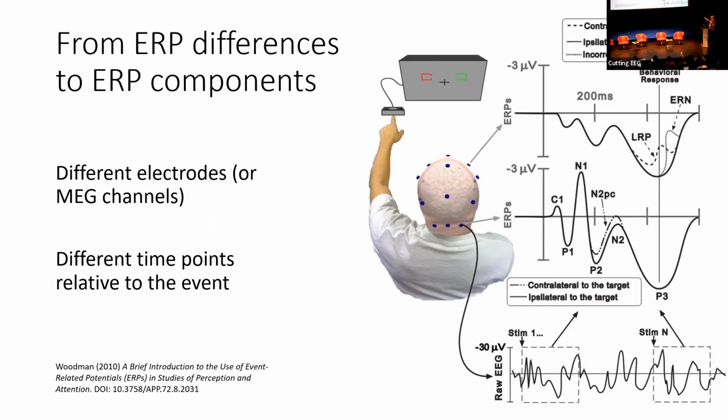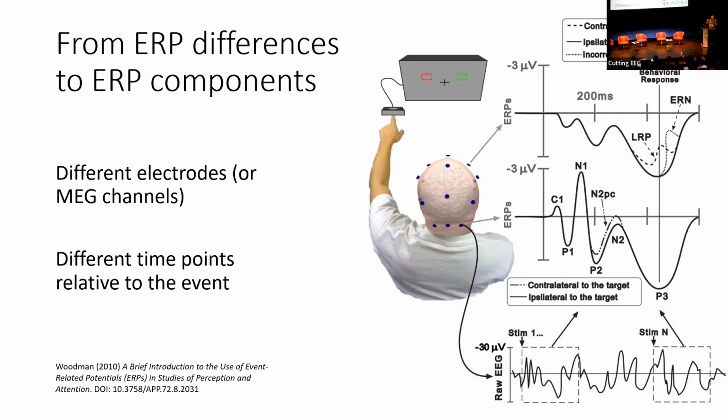So what you can see here is that for the occipital channels, there is a difference between the two conditions that is dubbed the N2PC. So it's the second negative component, parietal occipital, I think. Whereas here at these frontal electrodes, there's the lateralized readiness potential.